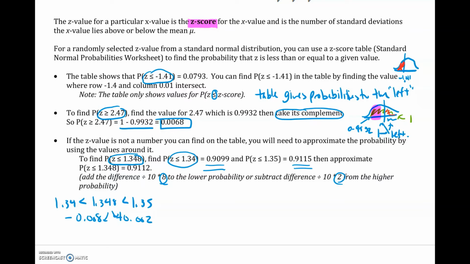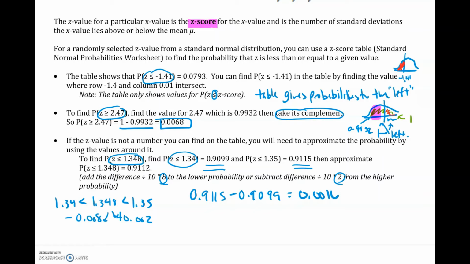And then we're going to take the difference from those Z table values. So I'm going to take 0.9115 minus 0.9099 to get 0.0016.